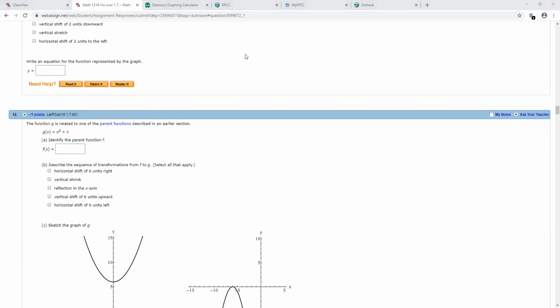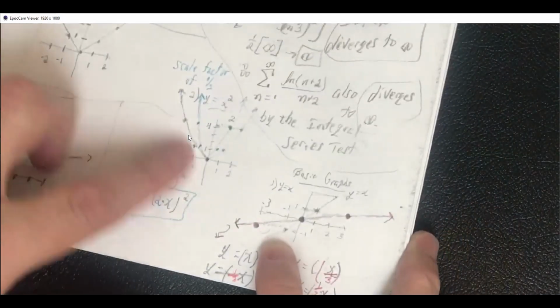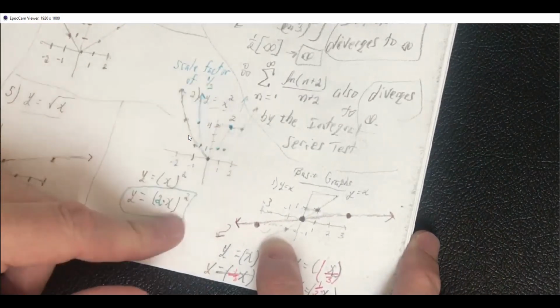If I go back to my notebook, x squared is the parabola. It's not this bluish one, but the original one. And if we shift it left or right, or up or down, that's a translation.